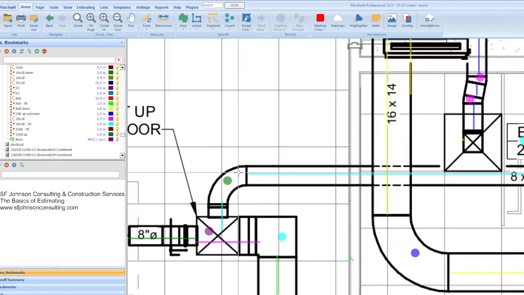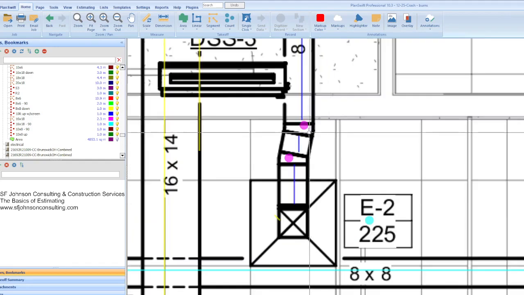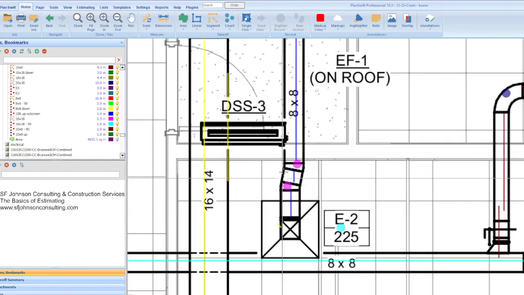Here we have angles, so we have 90-degree angles. Sometimes we'll have, I call this a 45, that's the price I give it for, 45-degree angle. Anytime it's not straight, because there's a cost for the ductwork for the straight measures and then any of the 45 or 90-degree angles.